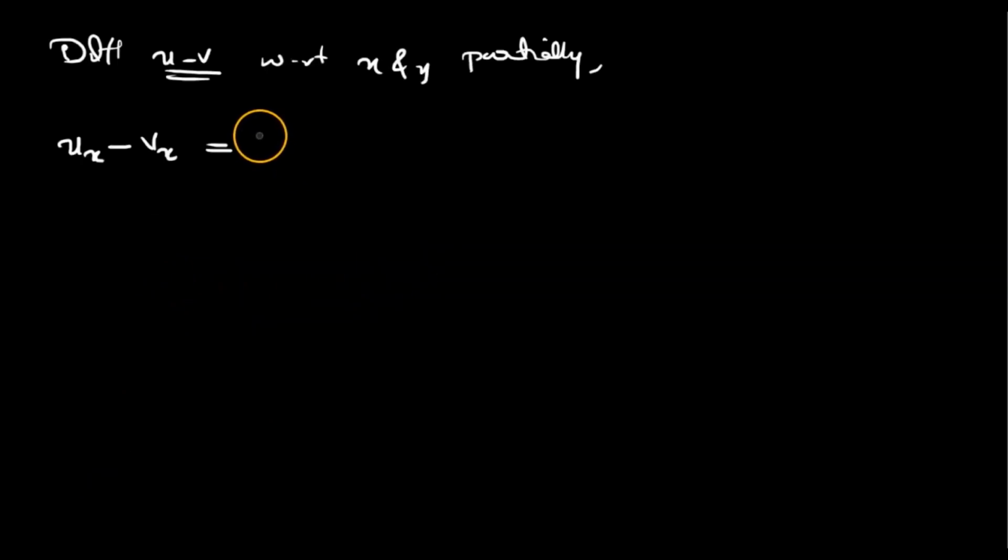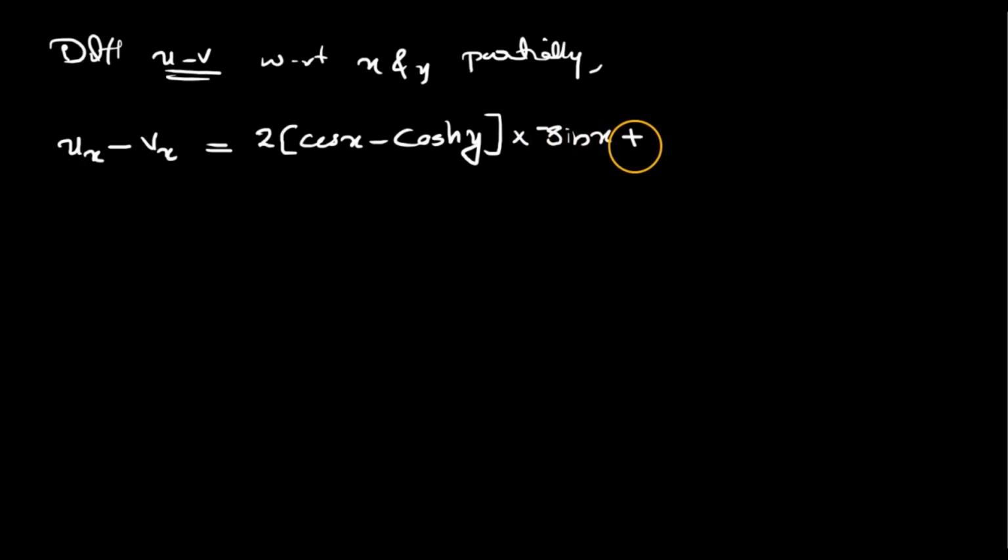So the denominator is 2 into (cos x minus cosh y). Now the derivative of the numerator: cos x derivative with respect to x is minus sin x, plus sin x derivative is cos x, and now there is e raised to minus y, which is a function of y, so the derivative is 0.